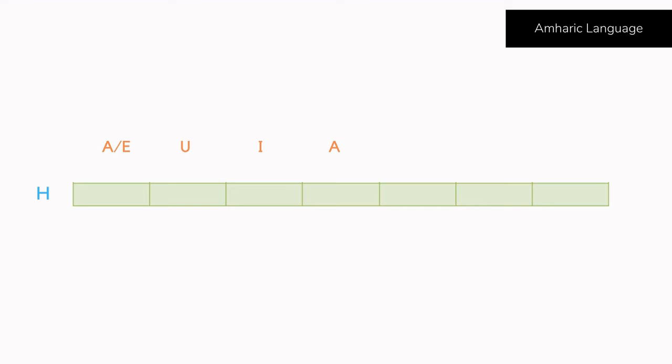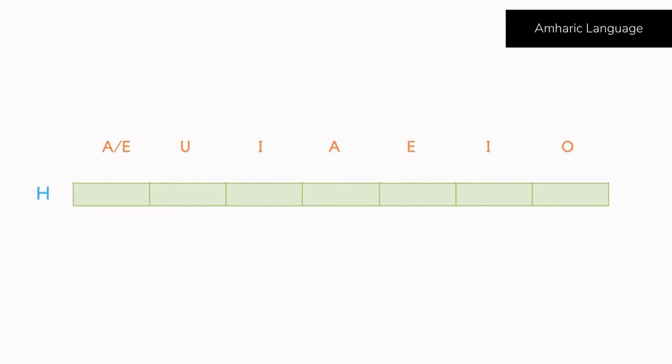The fifth column takes the letter E, and it is read as A. The sixth takes the letter I, and it is read as E. The seventh and the last one takes the English letter O, and it is read as O. Pay attention to the sounds the letters in each of the columns make.